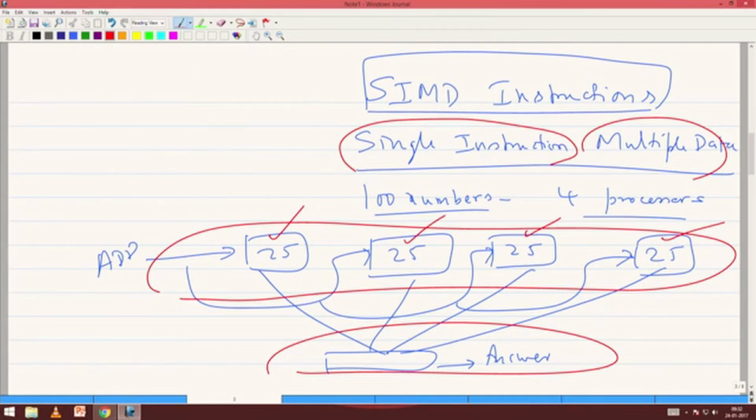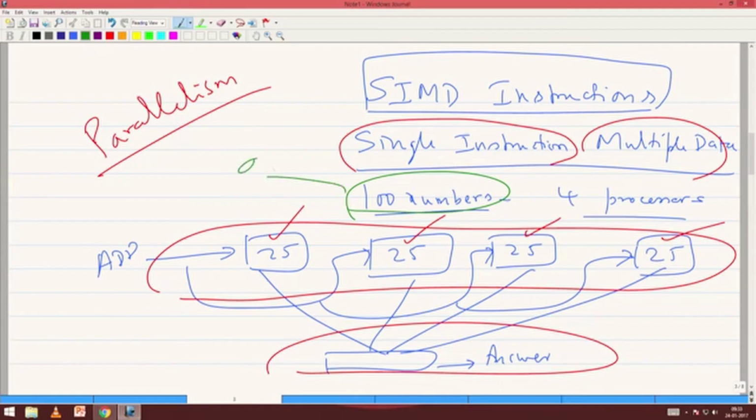This is one example of what we call parallelism. So I am exploiting the parallelism in my program. If I add these 100 numbers sequentially, I would have taken 99 additions. Here I am doing 24 additions in parallel.